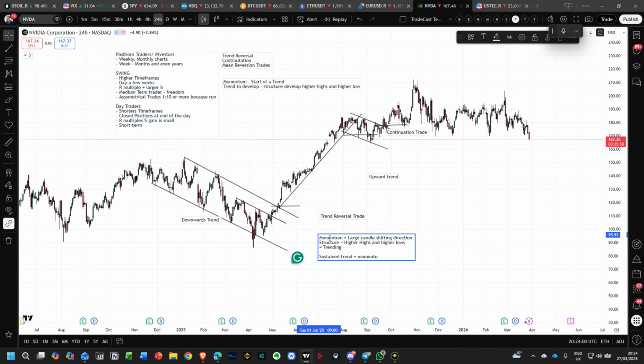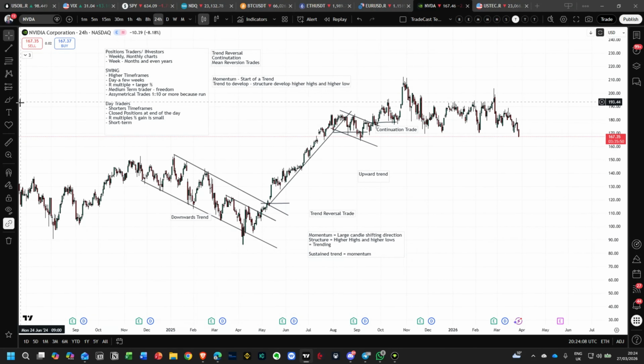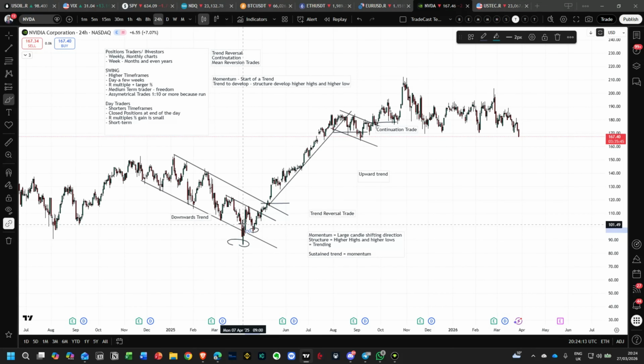All right, so as a swing trader that uses momentum, I'm not interested in the lows here. I'm not looking to bottom pick. I'm not looking to trade here. I'm not looking to trade early either. I'm looking to trade around this level where I know that we have a high probability that we're going to make some money.